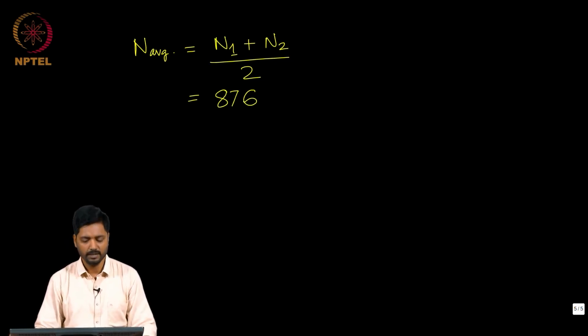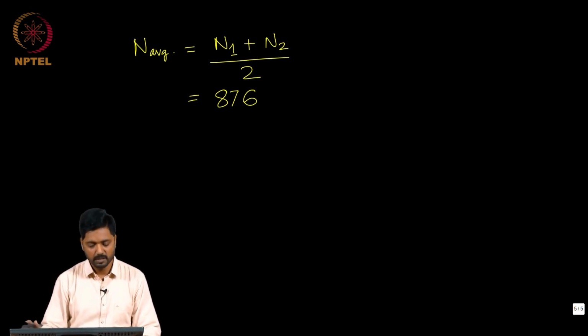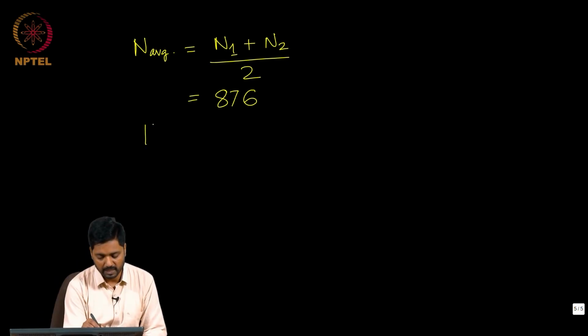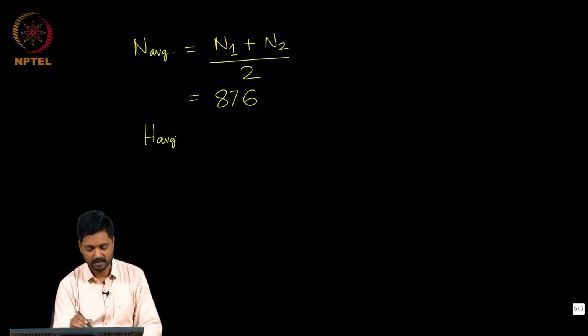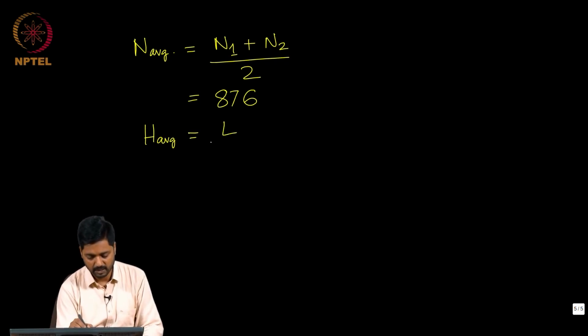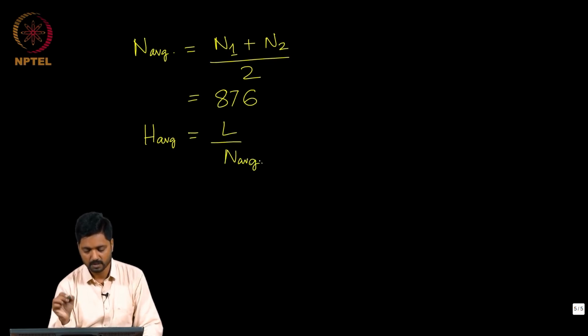Now, with the average plate count available to us, it would be straightforward to calculate the average height of the plate, and that would be nothing but the length of the column divided by the average plate count.